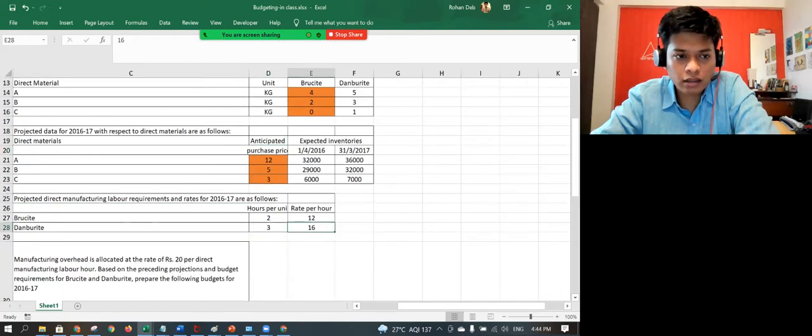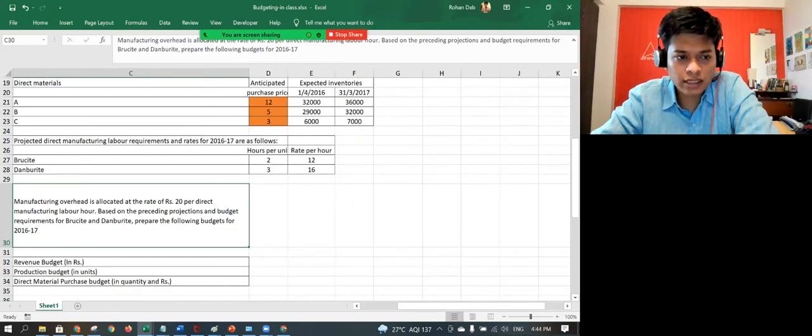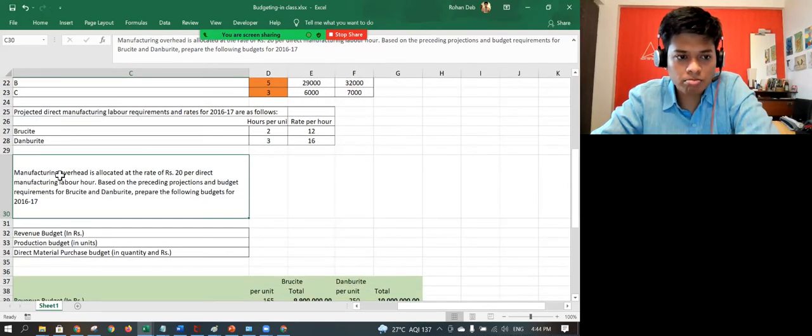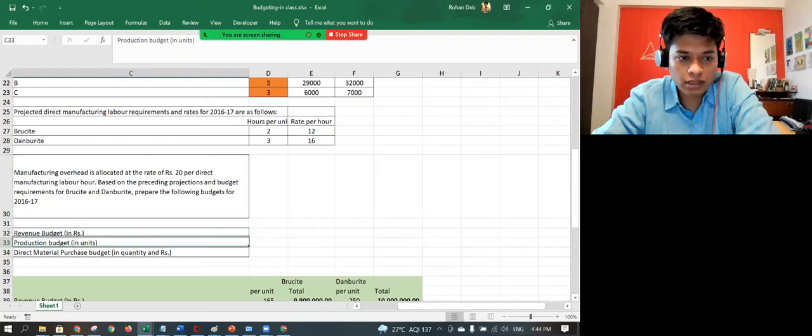And labor requirement is given, but labor is not asked in the question. So the question is basically: manufacturing overhead is allocated at the rate of 20 per direct manufacturing labor hour. Based on the preceding projections and budget requirements, prepare budgets for 2016-17. Okay, so we have to make the revenue budget, production budget, and direct material purchase budget.